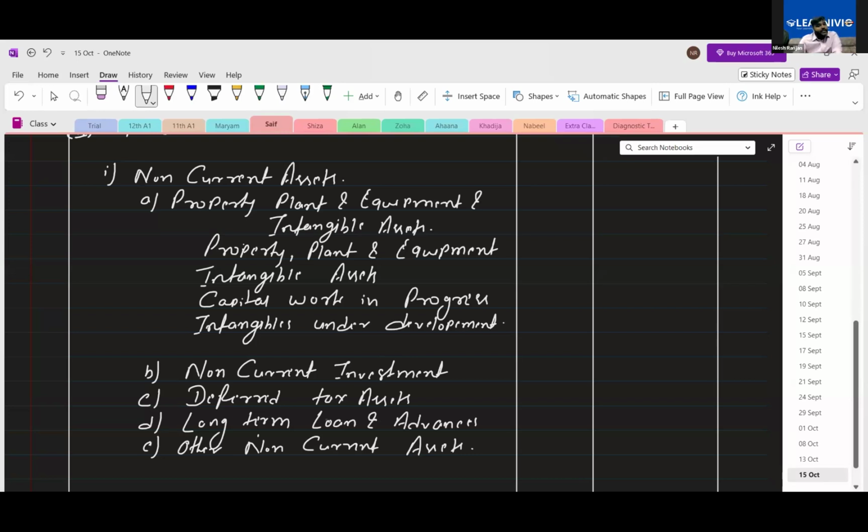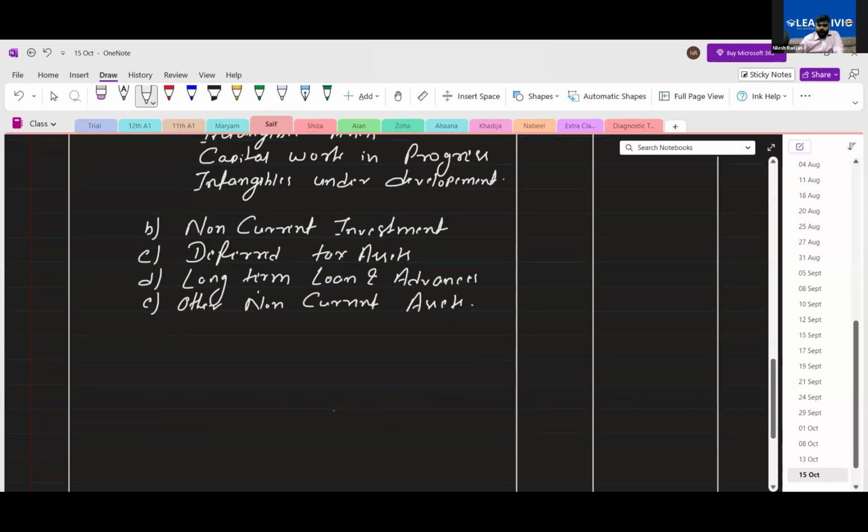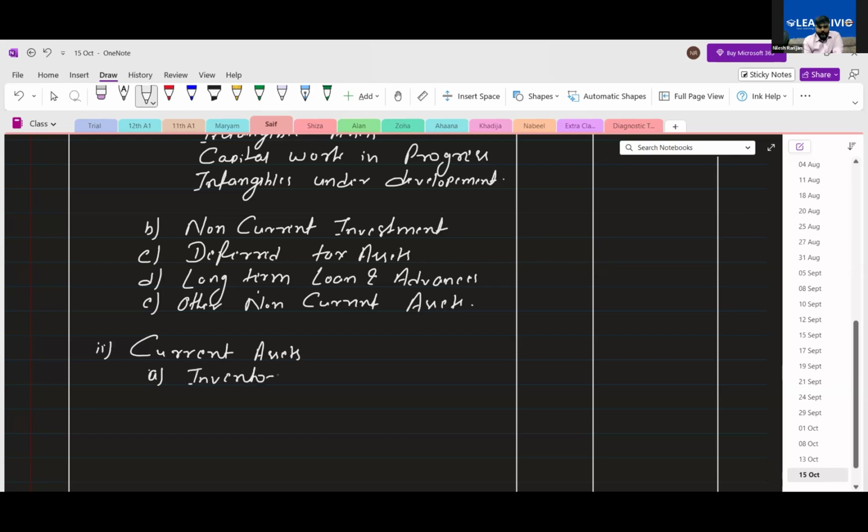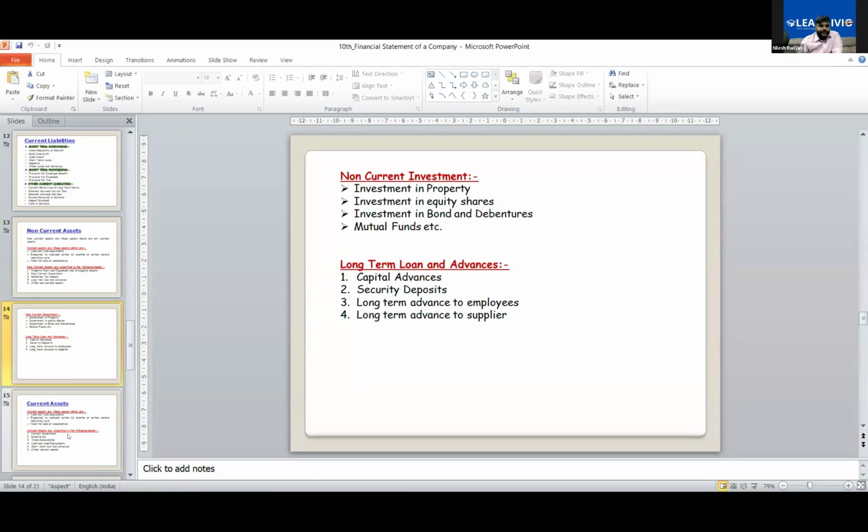Then there is also short-term loan and advances. Same thing, only timing difference. So let me write these items. The second is current assets. Under current assets, the first one is inventories.